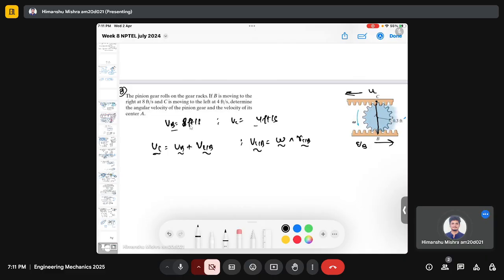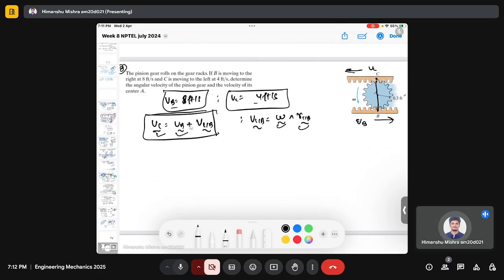As we saw in the previous lecture, whenever we use this equation, we need to identify all the vectors. So we need to identify vector VB, vector VC, and omega vector and our position vector. As of now, we have just written down the scalar quantity, that VB is 8 feet per second and VC is 4 feet per second. But when we write the vector quantity, we need to acknowledge its sign as well.